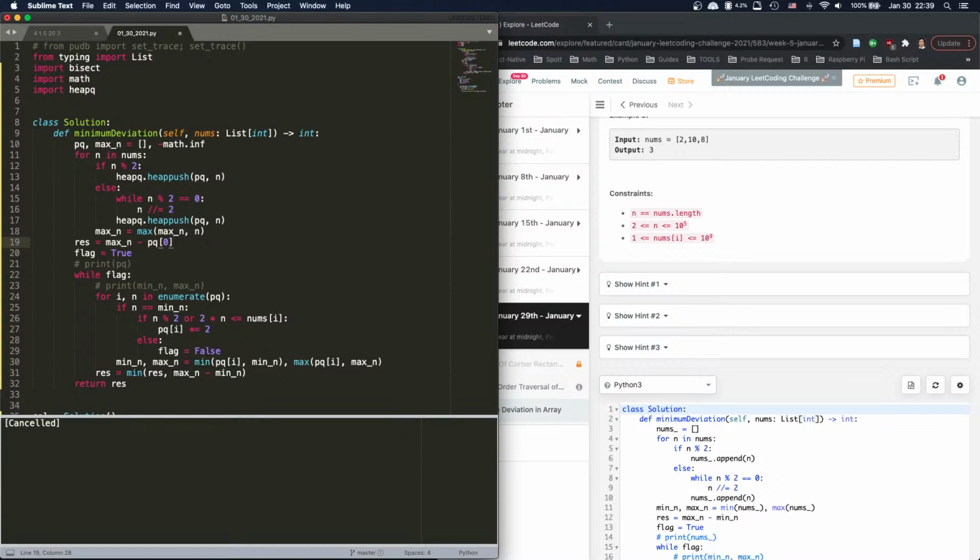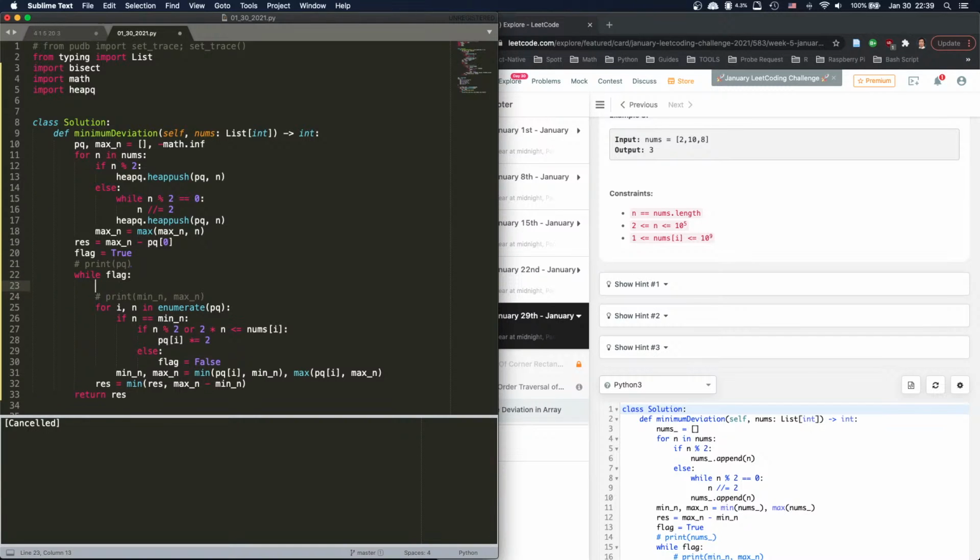And then stable or true, doesn't matter. We're not going to do this, right? Apparently, we're going to pop it out.